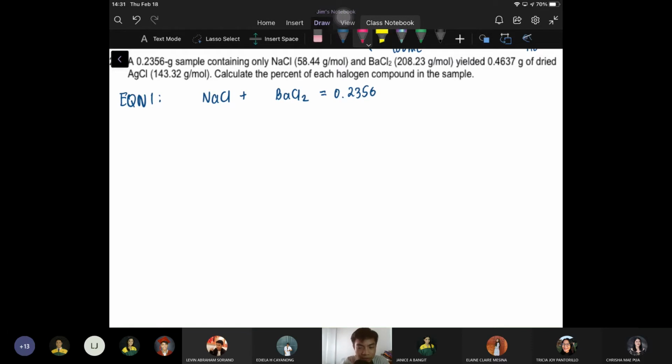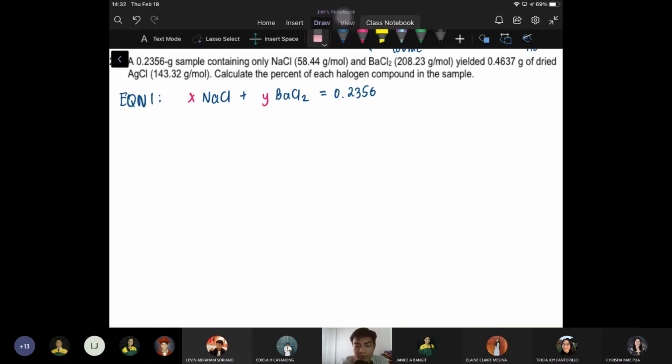Hindi, no? We don't have any idea. So, we're going to place a dummy variable, no? For sodium chloride, that will be X. And for barium chloride, that will be Y. Nakikita nyo na may linear equation tayo, no? Okay. So, X grams of NaCl plus Y grams of BaCl2 will give us 0.2356 grams sample.